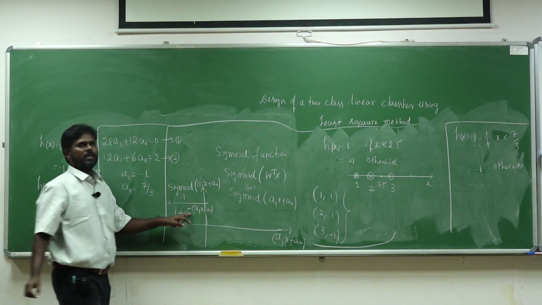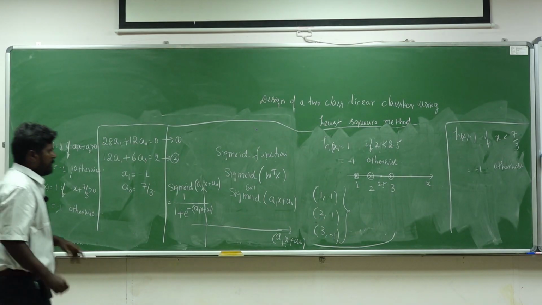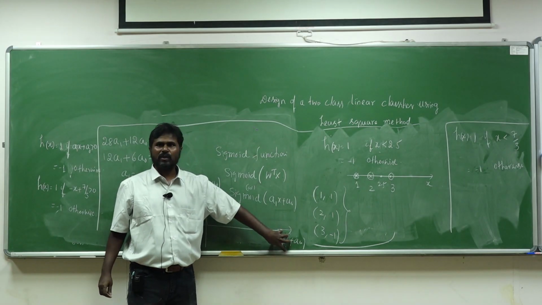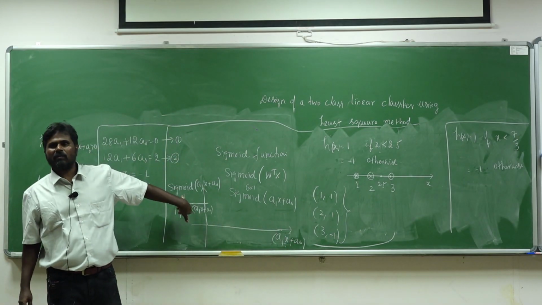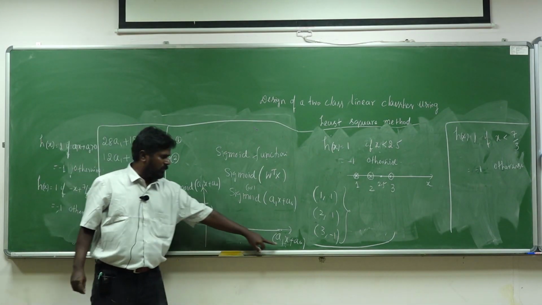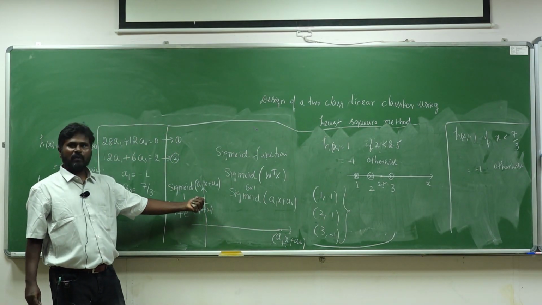This is my sigmoid function. When this function value is 0, what is the value of the sigmoid function?